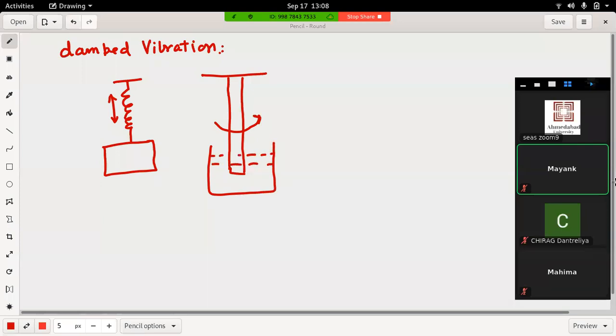Due to the presence of this media, the oscillations of this shaft actually damp. If we try to plot it, it will be something like this. The first vibration will have higher amplitude, and then slowly the amplitude of vibration will decrease, which you will see during the experiments.